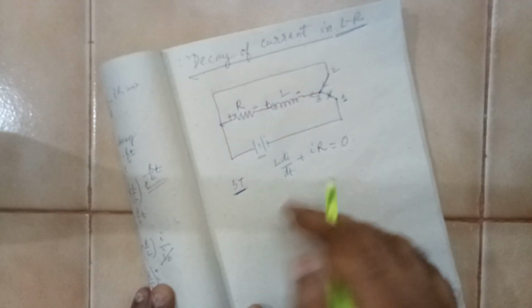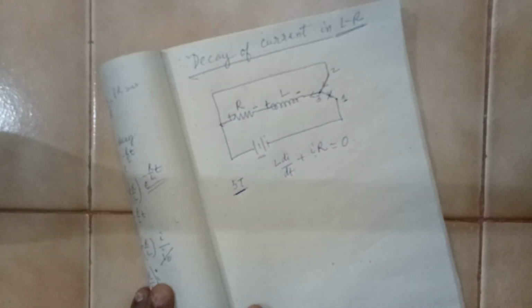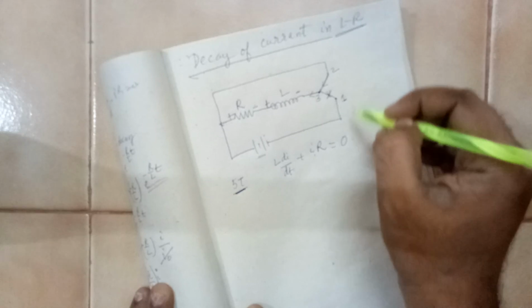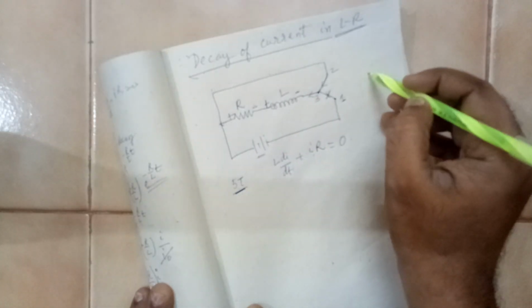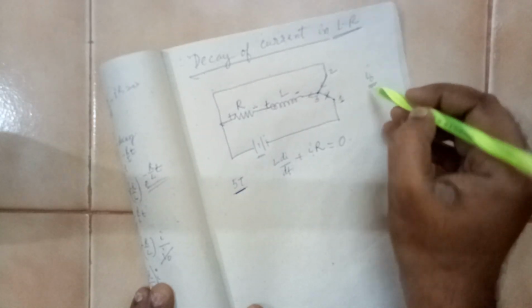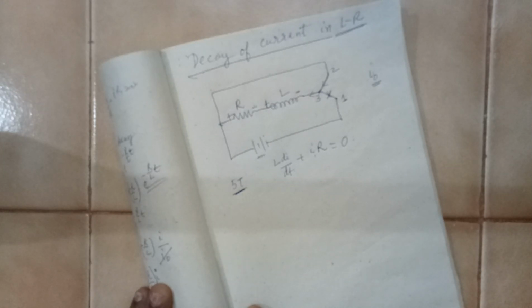At some particular instant of time, some current I is there. This is the expression. Now the maximum current transferred by the battery, the final steady state current, is I0.